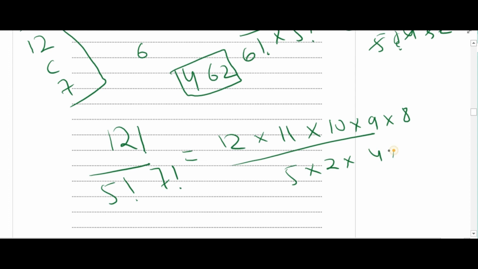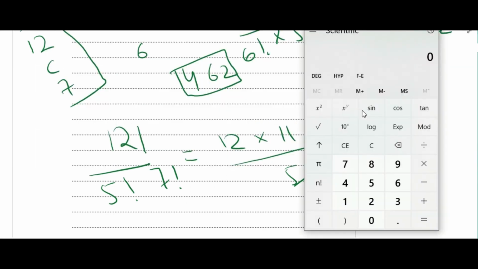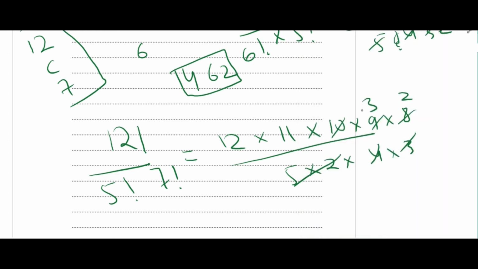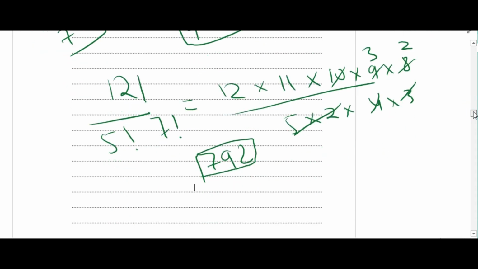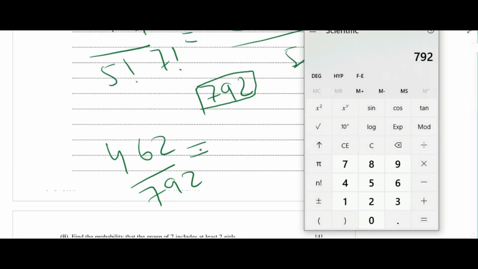That would become 12 into 11 into 10 into 9 into 8 upon 5 into 2 into 4 into 3. These got cancelled with that, this got cancelled with that. So you are left with 12 into 11 into 3 into 2, that is 792. So the total number of chances of getting a group of 7 is 792.